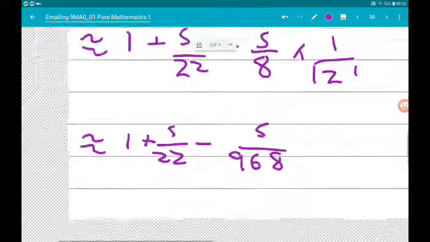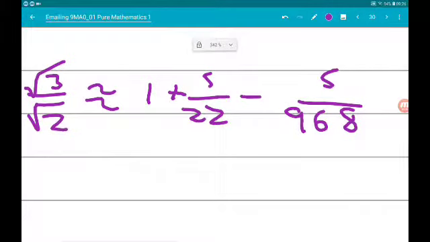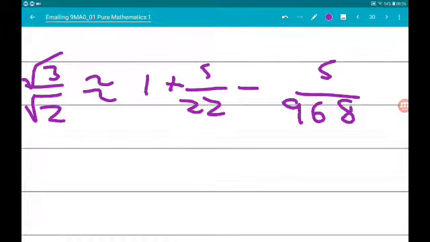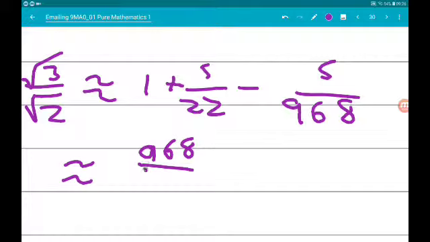Good times. Right, at that point, it's probably easiest just to use your calculators. I'm stubborn though, so 1 in terms of 968 is 968 over 968. 22 is probably going to go into 968. 96 divided by 22 is 4, carry the 8. It's going to be 44.